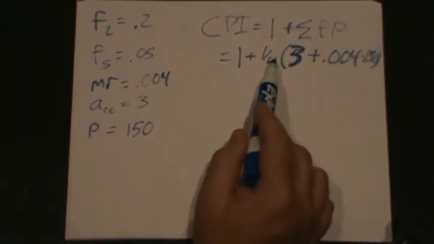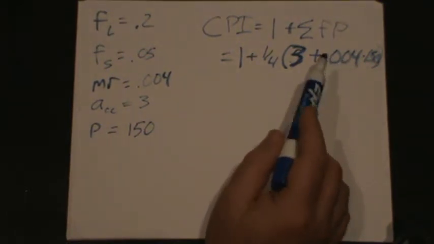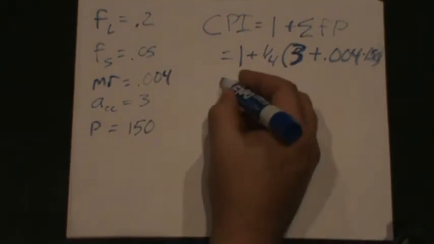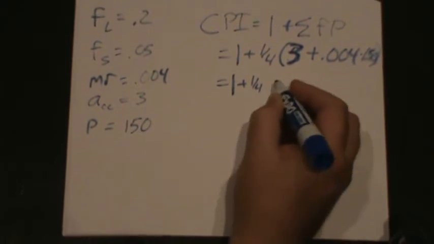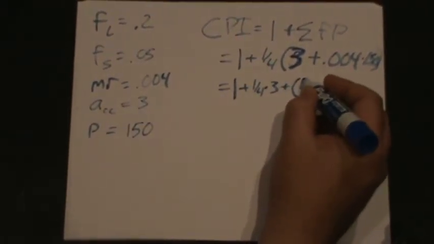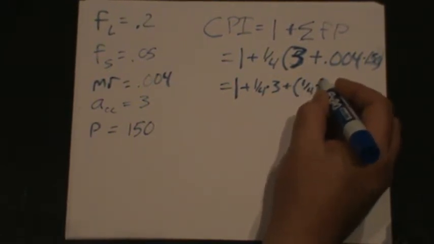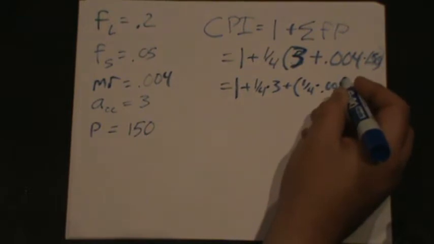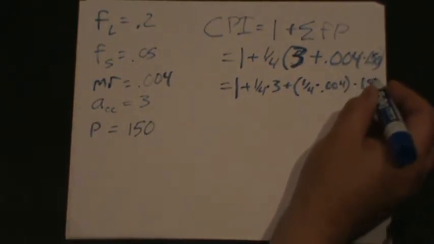So you'd have a quarter times 0.004, and that becomes the amount of time that you hit the RAM penalty. So this could be written, if you want to be a strict purist, as 1/4 times 3 plus a new fraction, which is 1/4 times 0.004, and then that is times a penalty of 150.